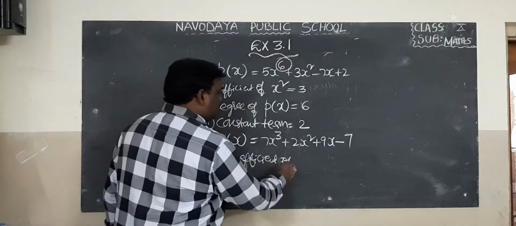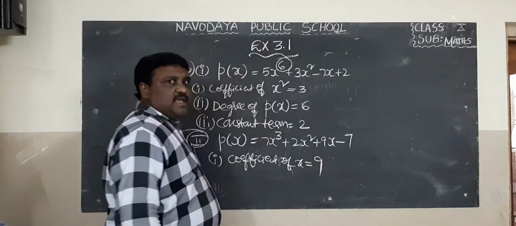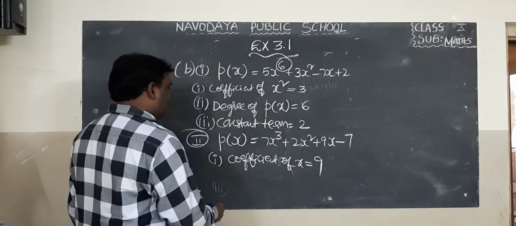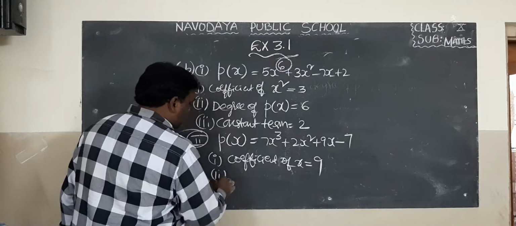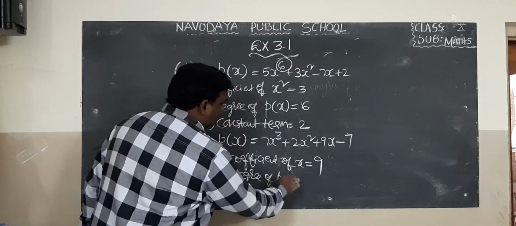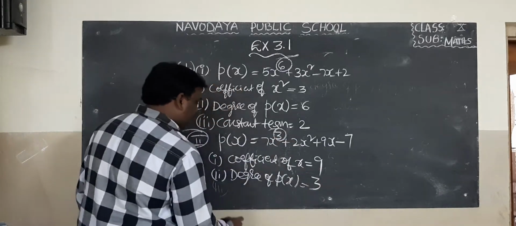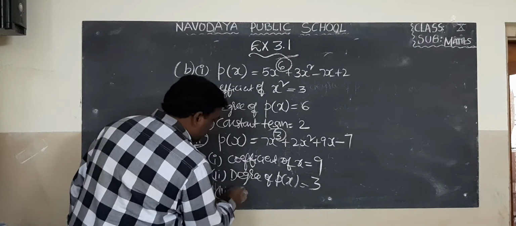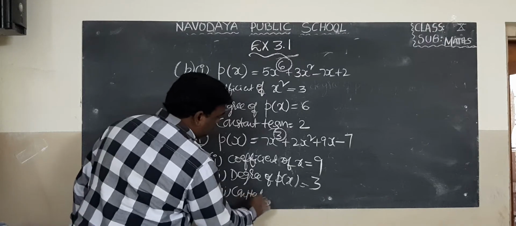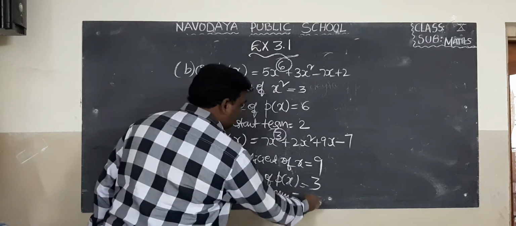Coefficient of x. Coefficient of x is what? 9. X front number. Second question, degree of P of x. What is the degree of P of x? 3. Third question, constant term. Constant term is what? Minus 7.